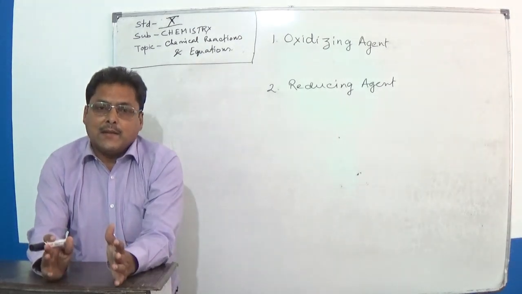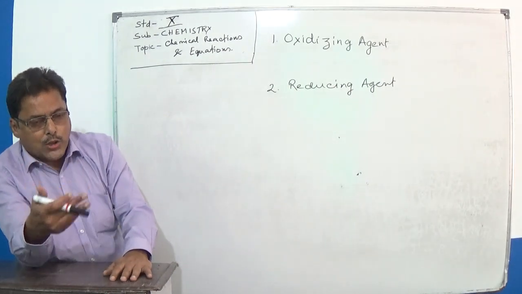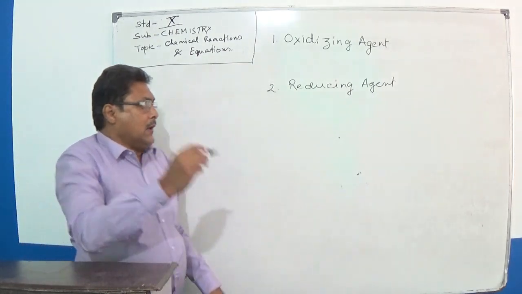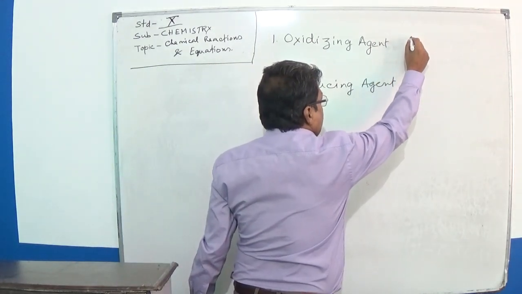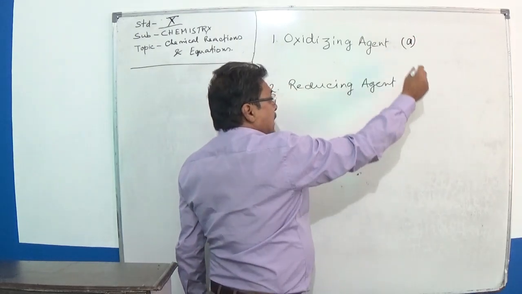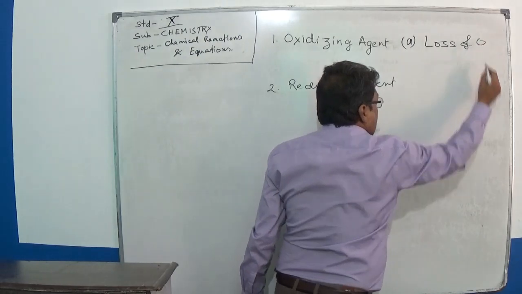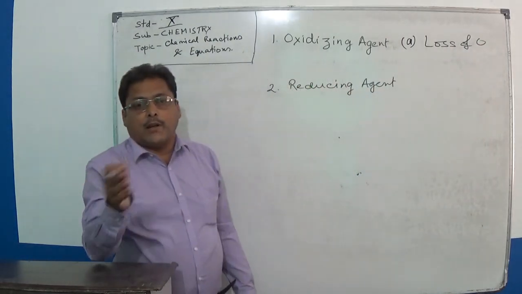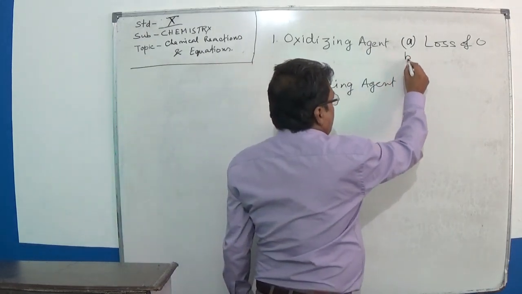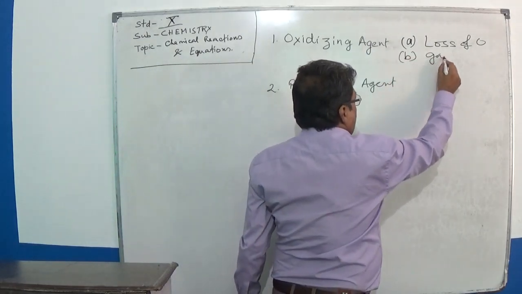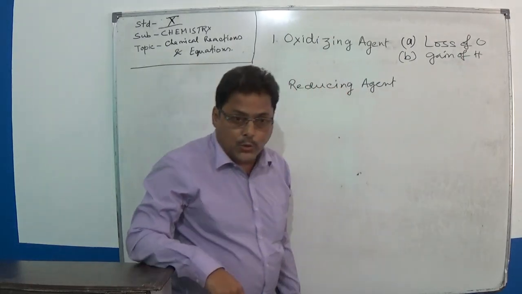An oxidizing agent is a substance that, while a redox reaction goes on, helps either in the loss of oxygen or in the gain of hydrogen.